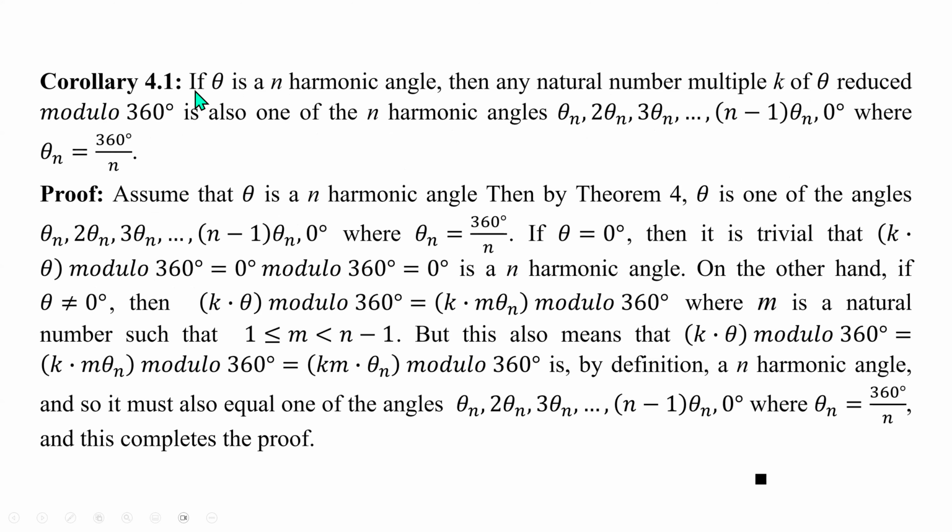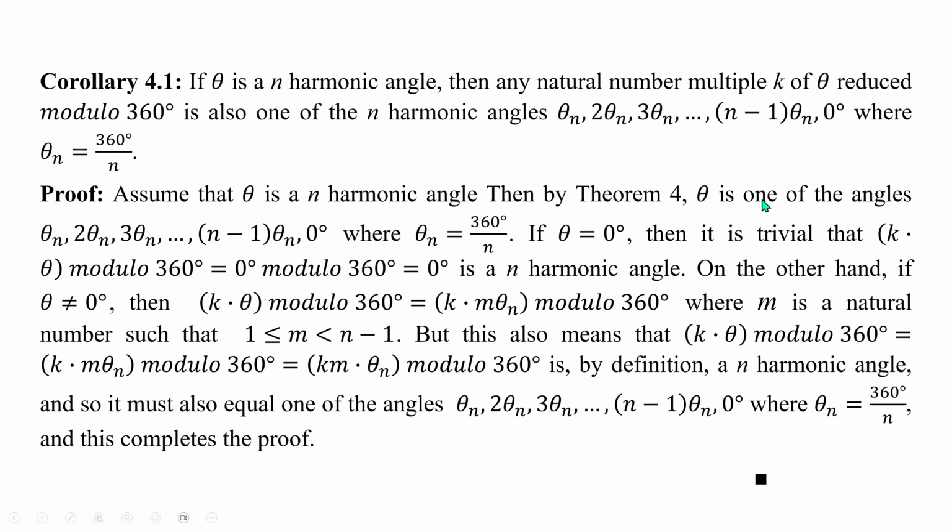So this corollary says if theta is an n-harmonic angle, then any natural number multiple k of theta reduced modulo 360 degrees is also one of the n-harmonic angles, theta sub n, 2 times theta sub n, all the way out to n minus 1 times theta sub n, and then 0 degrees, where theta sub n is 360 degrees over n. Okay, to prove this, let's assume that theta is an n-harmonic angle.